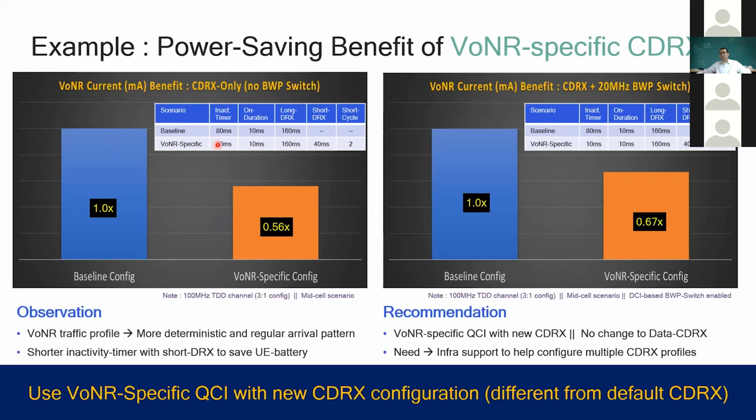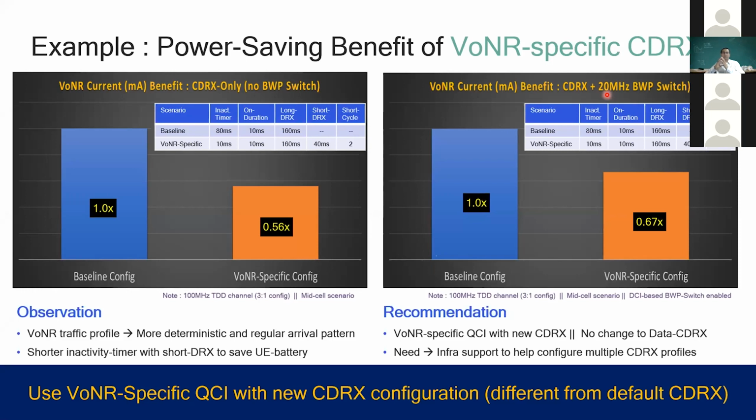And if we switch gear to the right, it is a similar set of studies, with the only difference being: what if the network has already implemented DCI based BWP switching, do I still save power? This graph is showing yes, we still save VoNR specific device battery power with an optimal CDRX configuration.